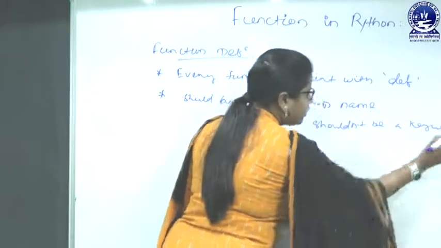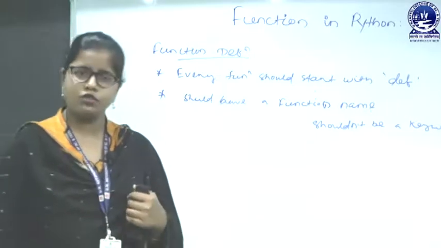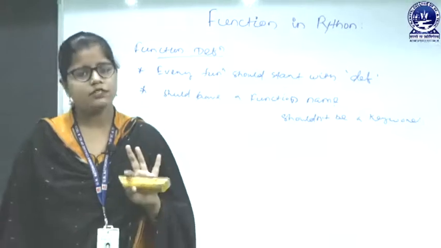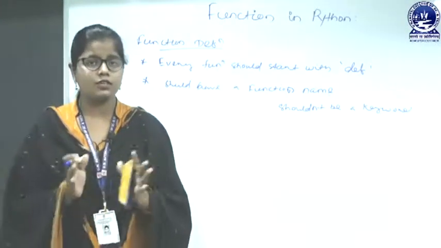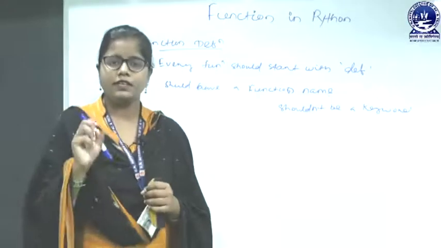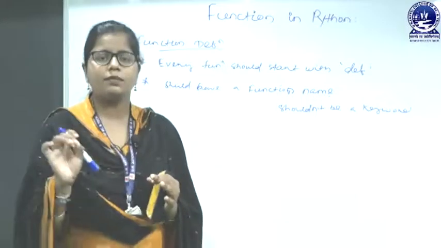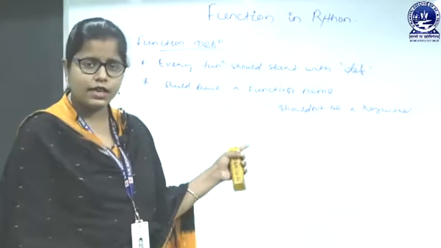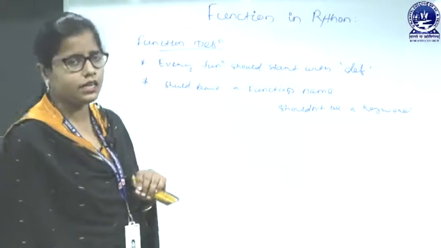We know what the rules for identifiers are. A function name is also an identifier, like a variable or constant, and we have to remember the rules for identifiers. If it is a keyword, that means it is a predefined word, and we cannot give a keyword as an identifier name. So as a function name is an identifier, it should not match any keyword.